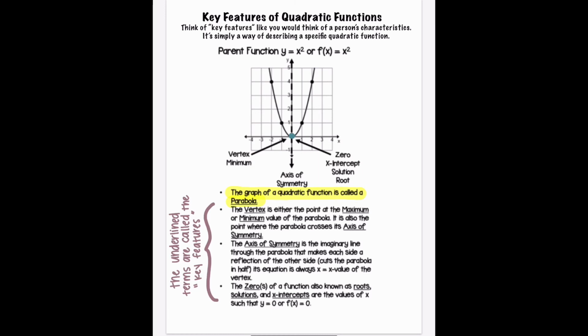It is a valley. If it is a max, it would be when your parabola is upside down. If your parabola is right side up, the vertex will be a minimum. It will be a valley.